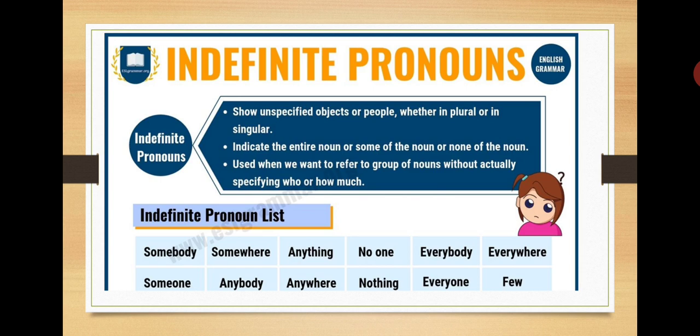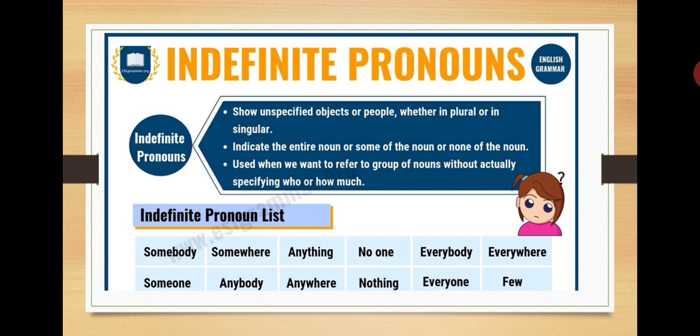Now the next one is your indefinite pronouns. The words one, none, all, some, nothing, something, nobody, few, anybody, any are called indefinite pronouns. They do not refer to any thing or person in particular.